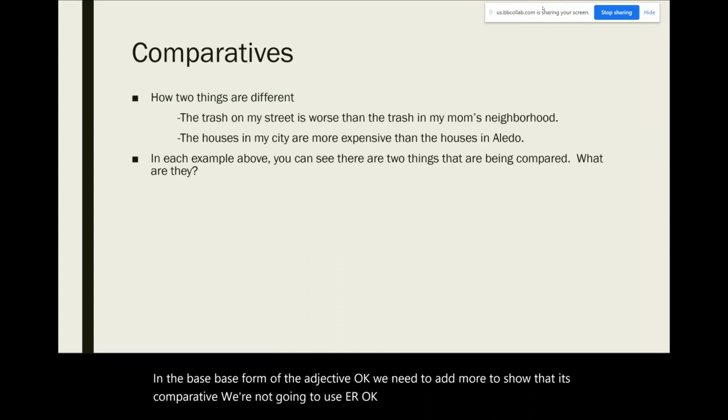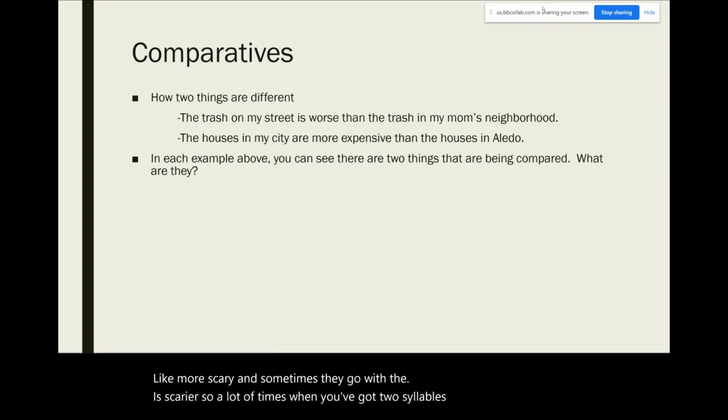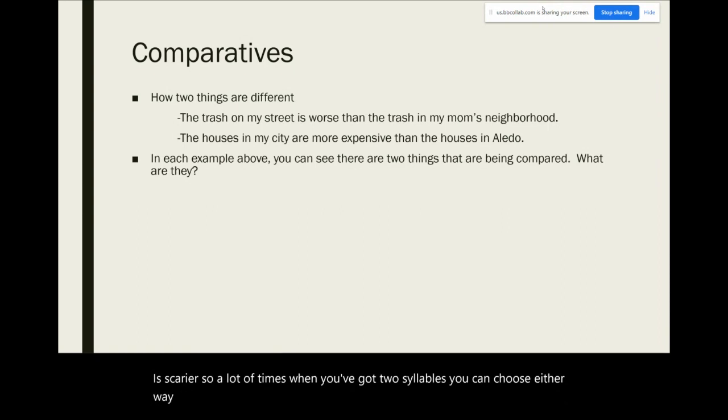So let's compare. Let's look at green and scary. Green is one syllable. Scary is two syllables. Now, those two syllable ones, sometimes they go with more, like more scary, and sometimes they go with the ER, like scarier. So a lot of times when you've got two syllables, you can choose either way to use the comparative, or sometimes there's one way that's preferred, okay?